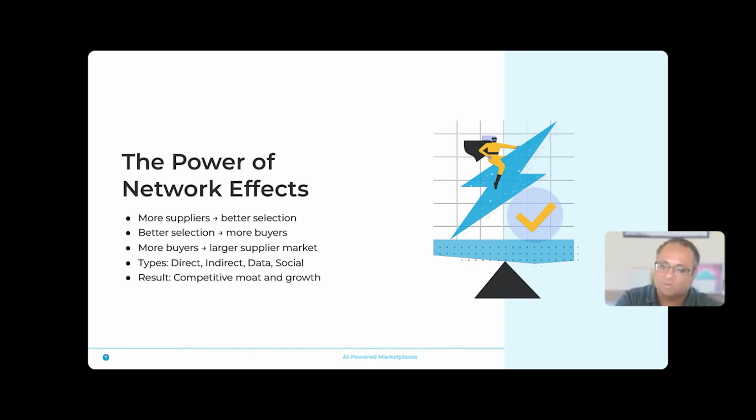At the end of the day, one thing I want to close the conversation on, and then we will talk about the role of AI here. All of this leads to a very competitive moat and then growth. Today, I don't think you can question Uber in terms of ridership. If you're presenting a plan, let's say like an Uber, to some VC, the question people are always going to ask is, how are you better than a Lyft and Uber?